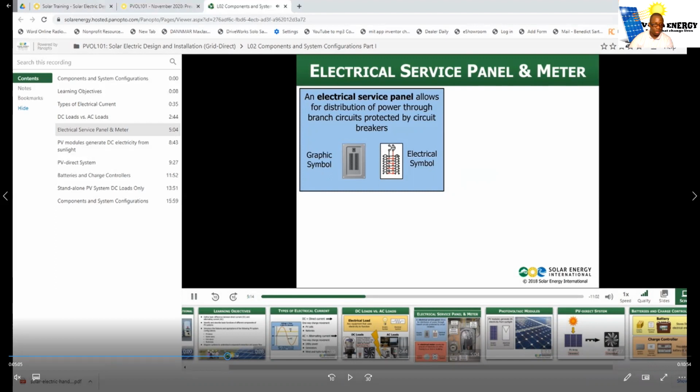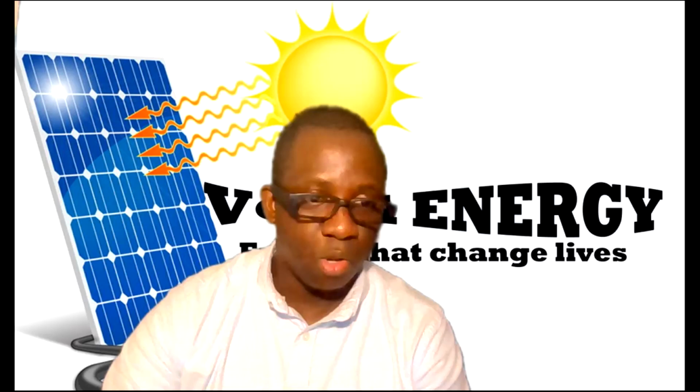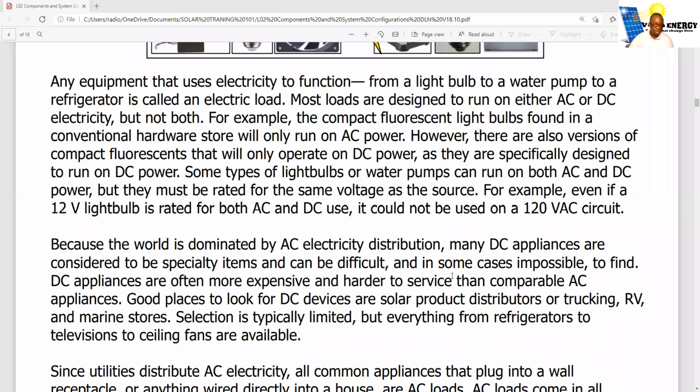These are terminologies you have to familiarize yourself with, because in every field there are terminologies that are used, and you have to familiarize yourself with the terminologies within the domain of your occupation. Actors have their terminologies.